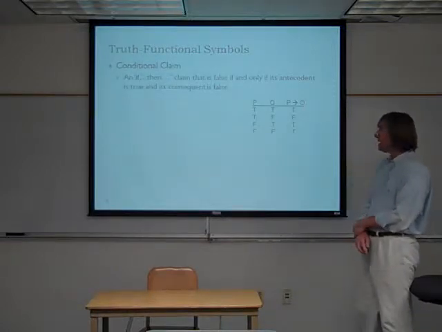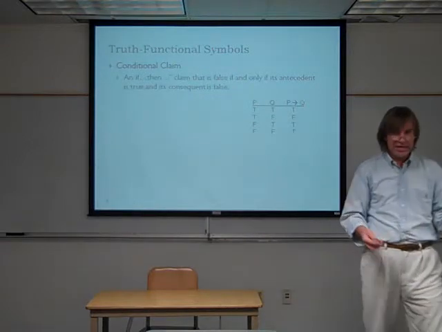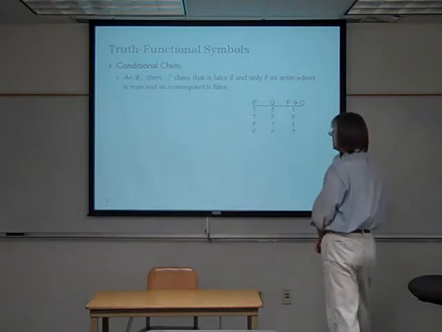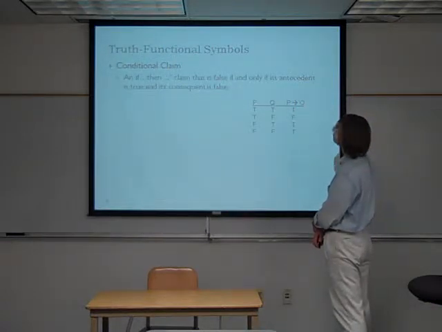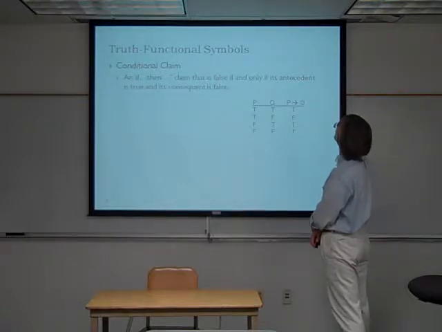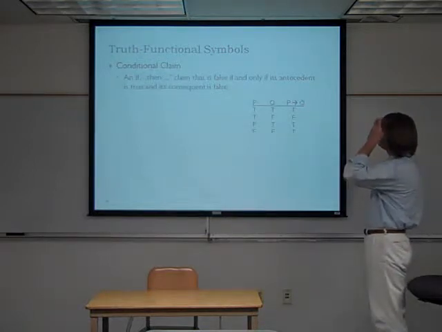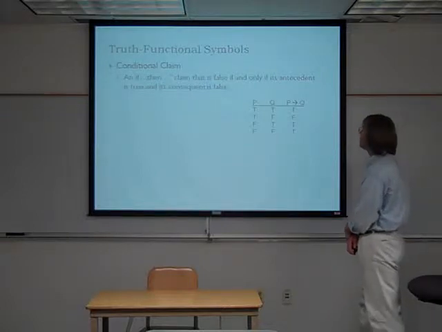A conditional claim is usually understood as an if-then claim. If P, then Q. Well, an if-then claim is false if and only if its antecedent is true and its consequent is false.